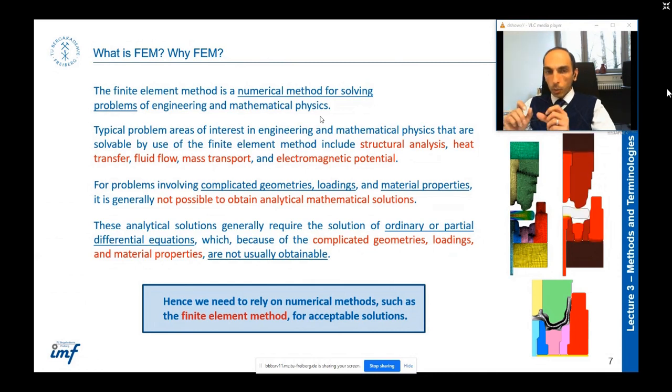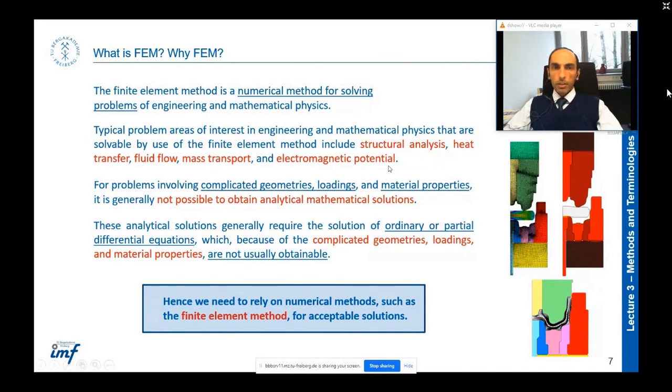It's better to say that we break down the material into small pieces, and then we solve the equation on each small piece, and then gather all the information and represent it in the form of a simulation. That's why we call it the finite element method, because the equations are solved on finite elements.